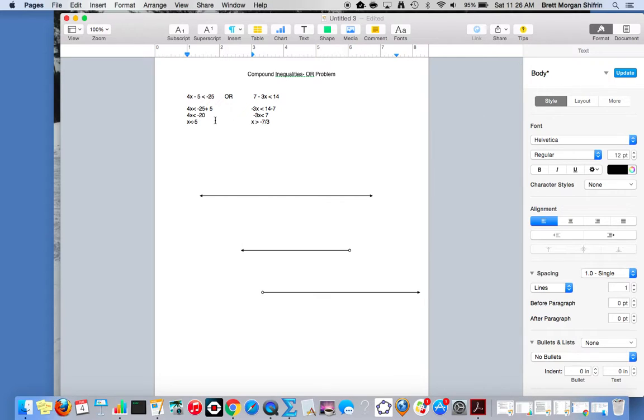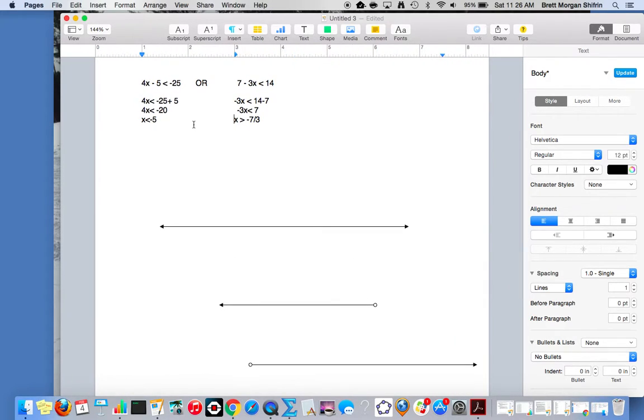Okay? Now, if you remember, this inequality is an "or." So what it is saying is I'm looking for values that are less than negative 5 or greater than negative 7 over 3. And we know that negative 7 over 3 is negative 2 1/3. So I'm not really worried about the fractions, but I can look at this.